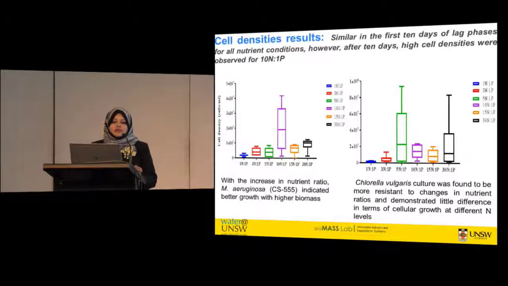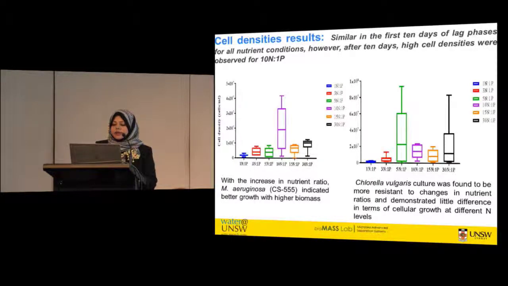At lower nutrient concentrations, as we had expected, the cell counts were quite low, specifically for the Microcystis aeruginosa species. For CSS 555, there was specifically lower cell density at lower nutrient concentration, and the maximum was around 10. CSS 564 depicted better growth at higher nutrient concentration as compared to CSS 555.